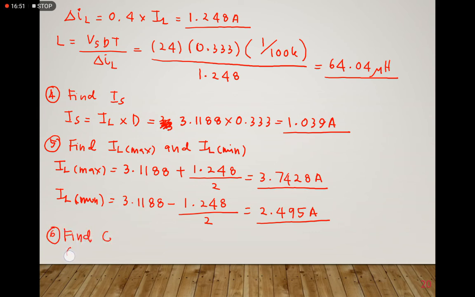Finally, the last step, we need to find C. So your C is your duty cycle over your resistor, 5.76, times the output voltage ripple, which is 1%, and also your switching frequency, 100k.